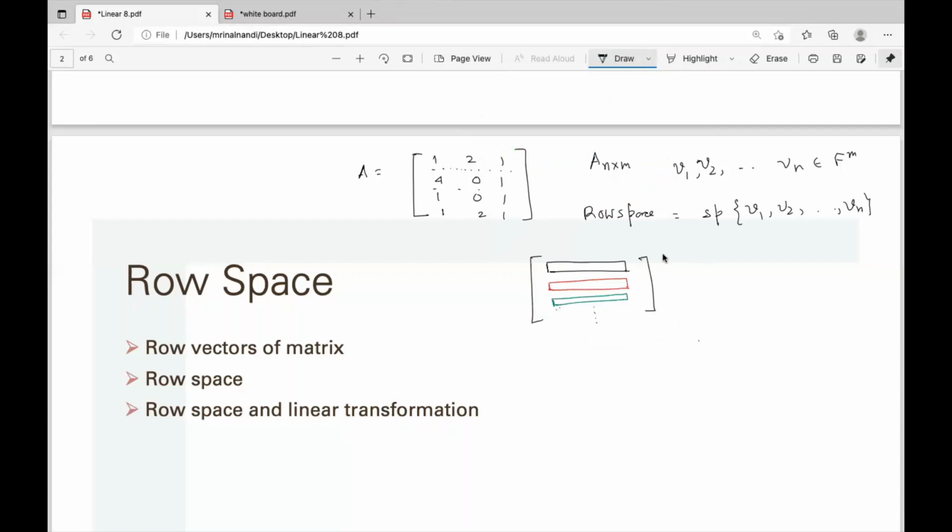Now, if we multiply it by another matrix, this is n cross m, so there are n rows and m columns. Each row is an element of Fm, an m dimensional vector.